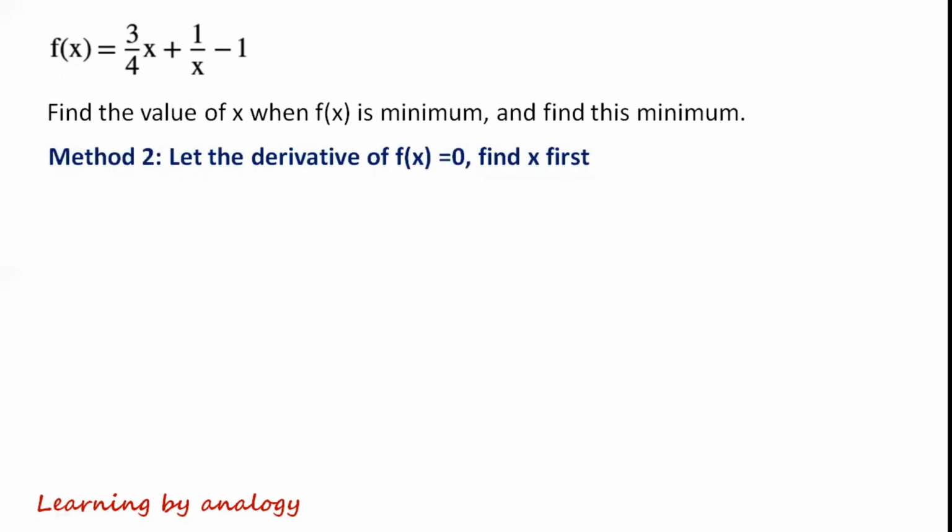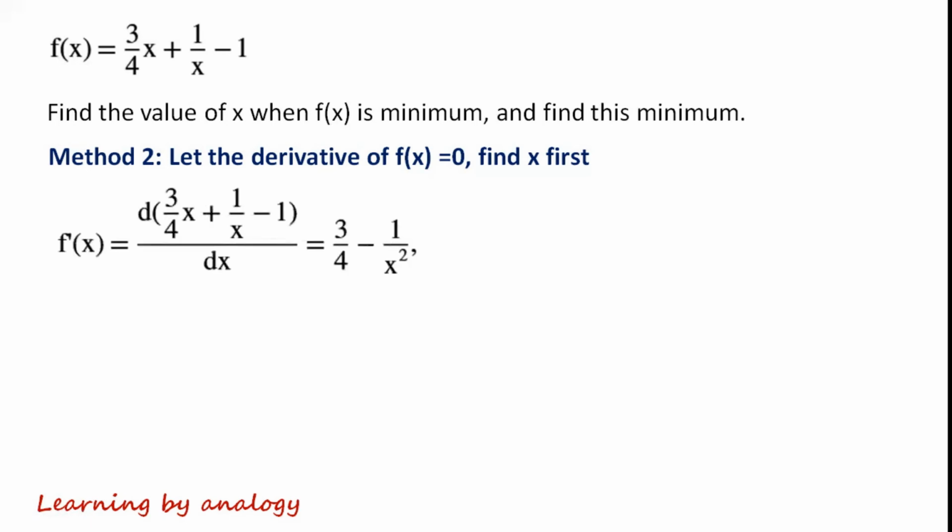Now we have an alternative method. In this approach, we let the derivative of f of x equal 0 and find x first. f dash of x equals 3 over 4 minus 1 over x squared.